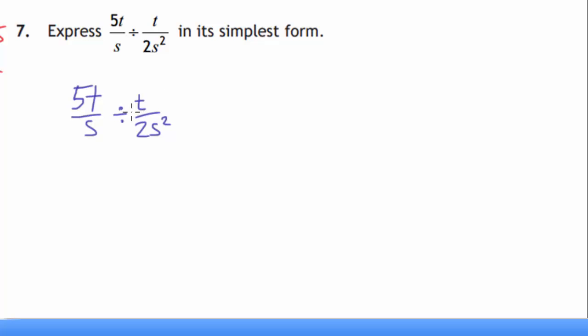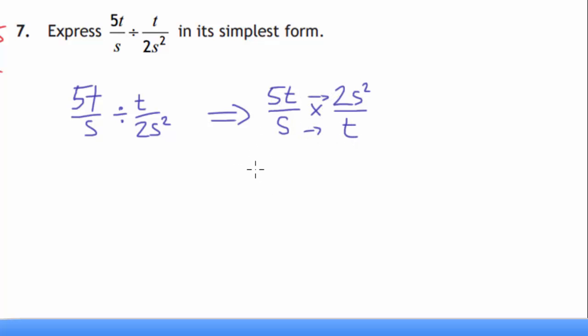Now to divide one fraction by another, the wee technique is you go 5t over s, you go times, and you just flip the numerator and denominator round, and then you just multiply across.